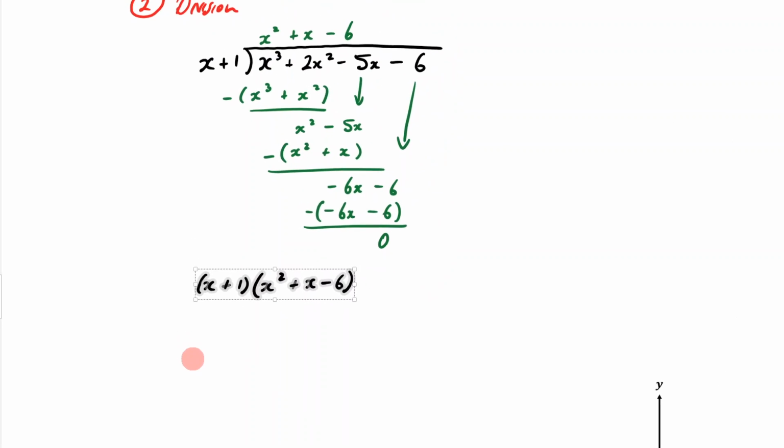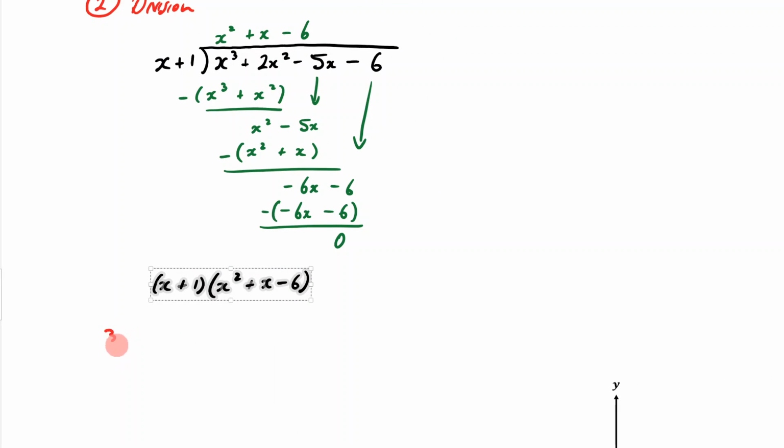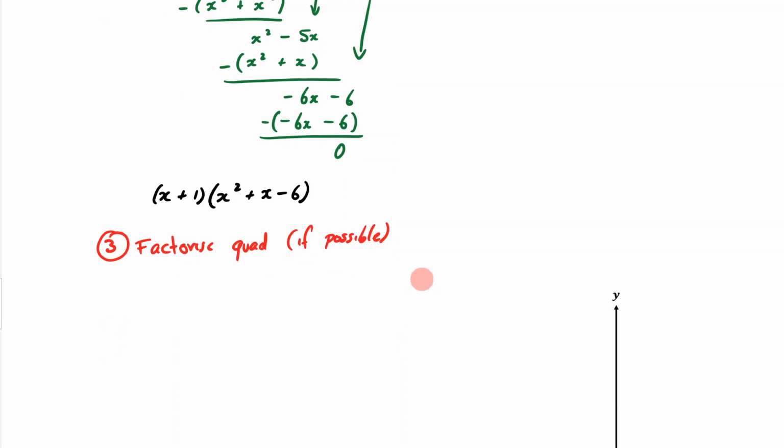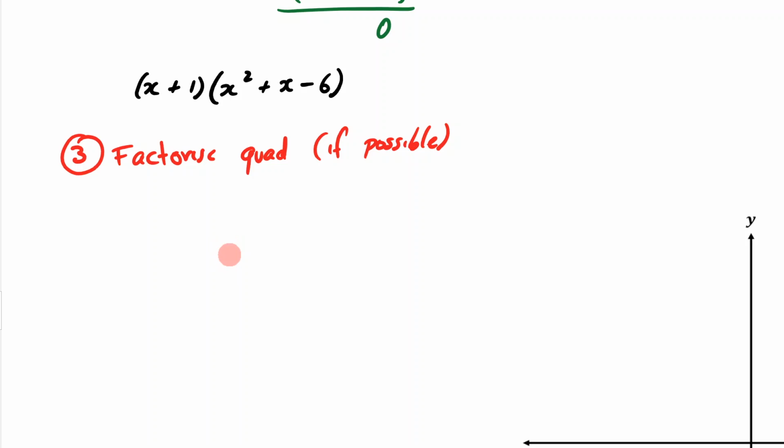Now let's do the next thing we have to do here. The next thing that we have to do is factorize the quadratic, if possible, because sometimes this isn't possible. So let's come here. So I've got x plus 1, x squared plus x minus 6. And now what I'm trying to do is factorize this quadratic right here.